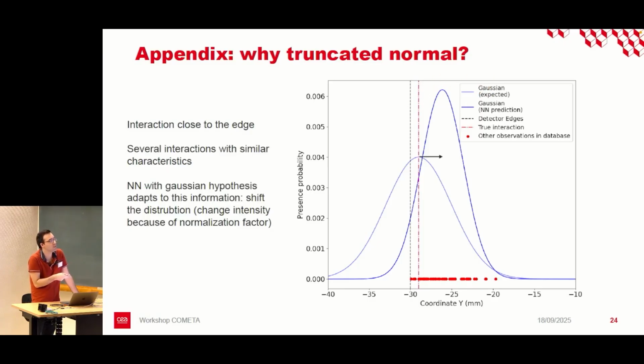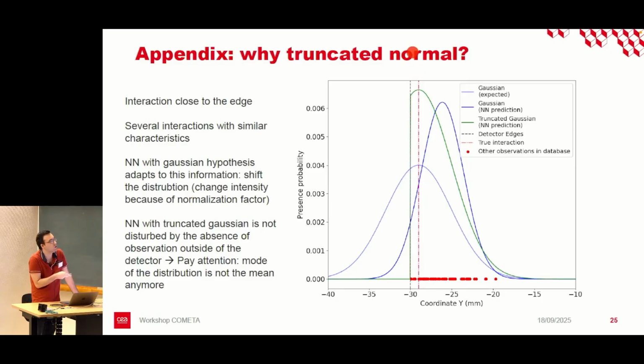With the truncation, we tell the network there is nothing to see outside, so the probability is 0. Then the neural network is able to predict something close to the edge, because there is no repulsion effect due to the fact that we do not observe anything outside of the detector. That's why the truncated Gaussian helps to predict something inside the detector.